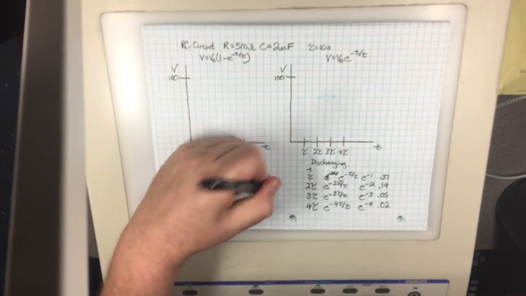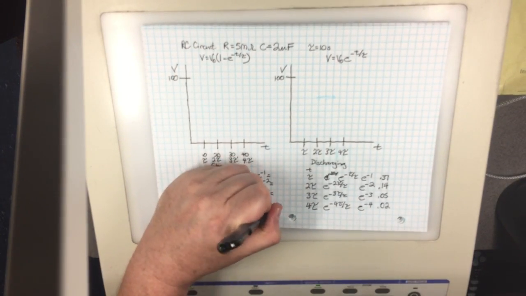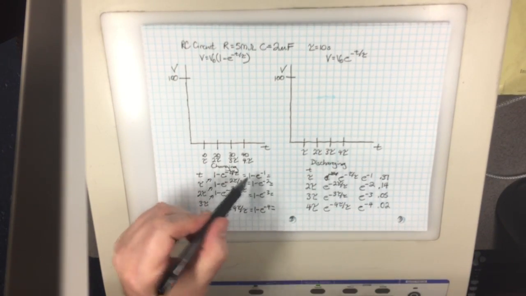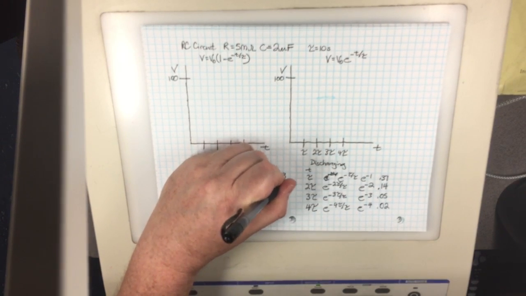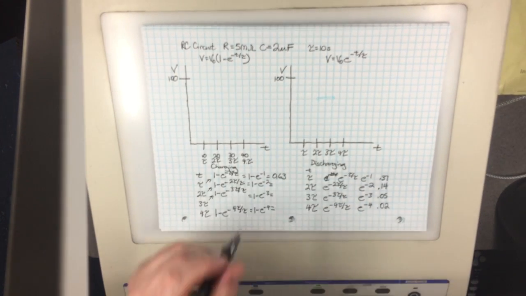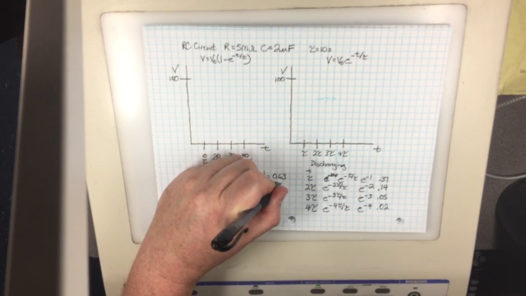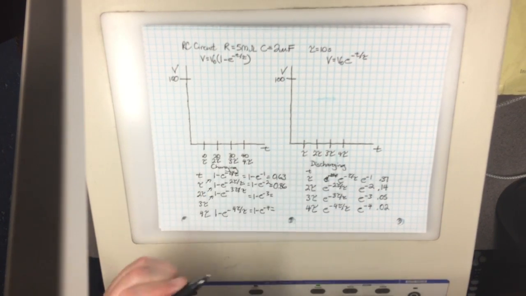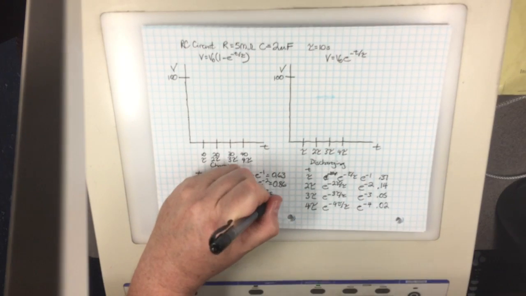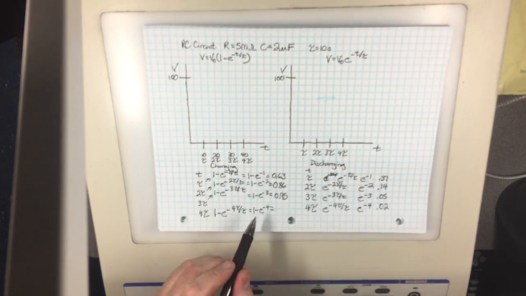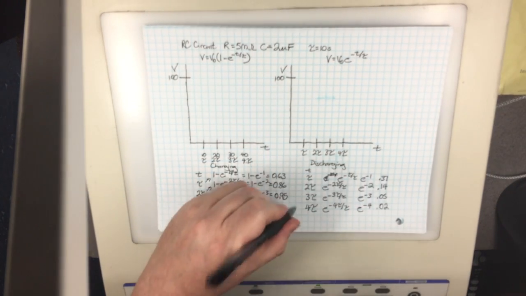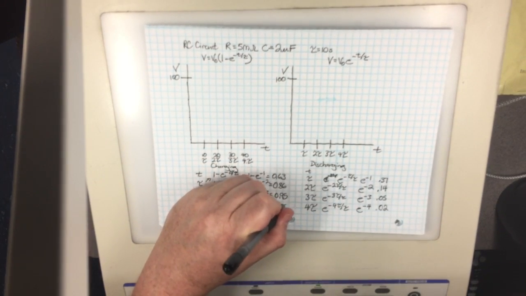Now what I did is I did those first so that I can do these next. 1 minus this, 0.63. 1 minus this, 0.86. 1 minus this, 0.95. 1 minus this, 0.98.